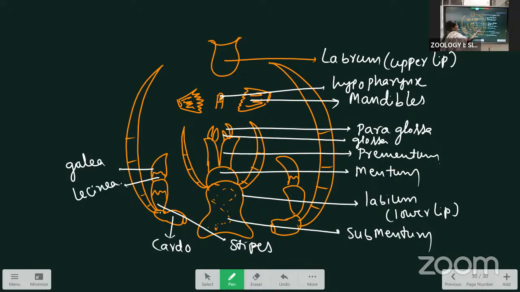Next, this palp is there that we call the maxillary palp. Yes, the mouth parts of Periplaneta, or mouth parts of cockroach.